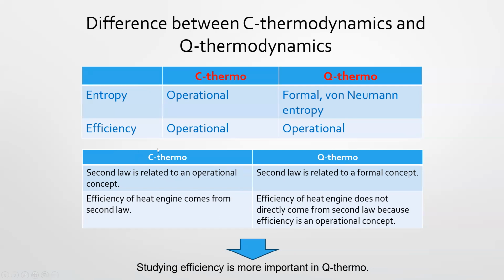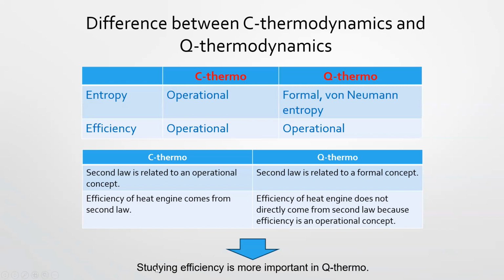I want to repeat: in the classical case, this is directly related to the operational quantity, but in the quantum case, this does not relate to the operational quantity. This is only related to the formal one. So we need to evaluate heat engines separately from the second law. Of course, somehow this is related to the second law, but it does not come from the second law of quantum thermodynamics.